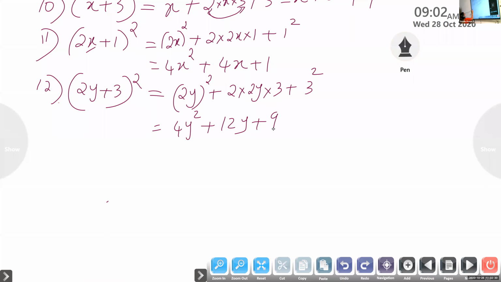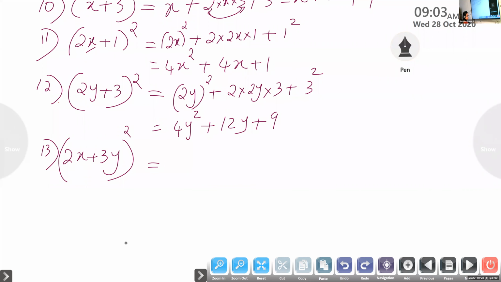Now 2x plus 3y the whole square. Do it. I'm finished.